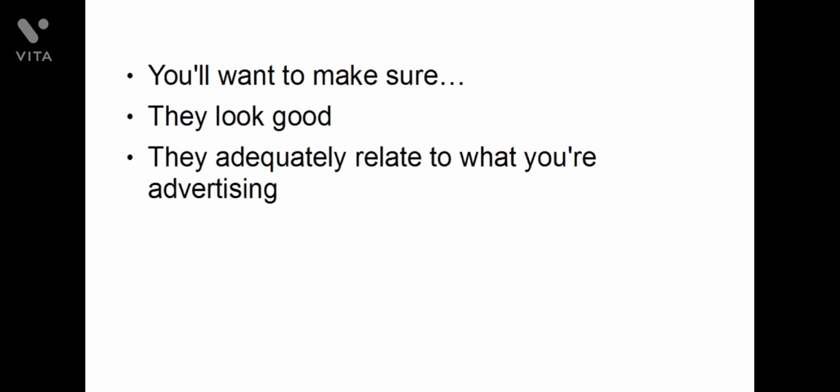I know some people say, oh, do something completely different because then it'll stand out. Well, maybe. But as a general rule, if, like in the last slide, we were showing an image of a dessert, you would want to make sure that that image fitted something to do with desserts. You wouldn't want to have something like that for selling jeans or something like that. You want to make sure that it does actually relate to what you're advertising.